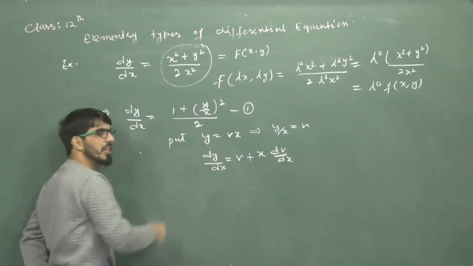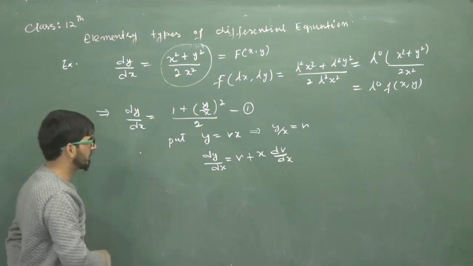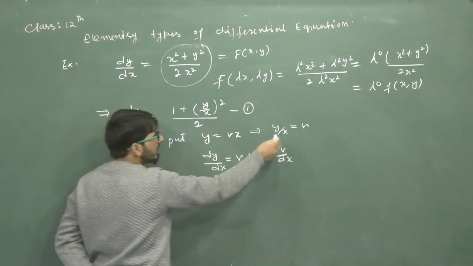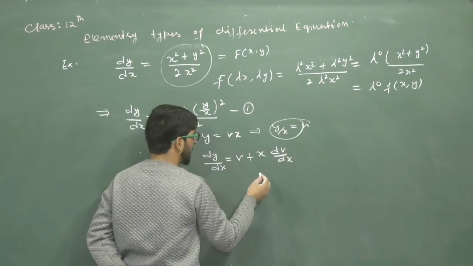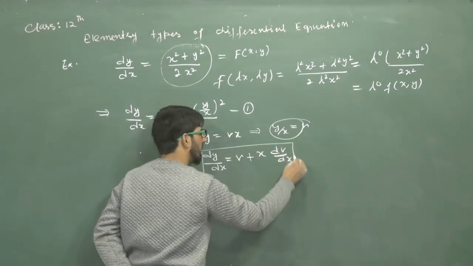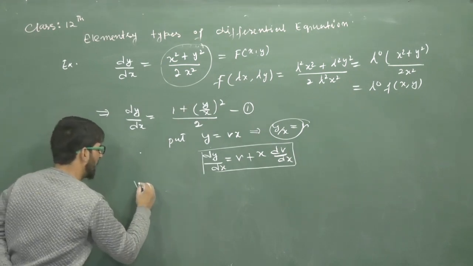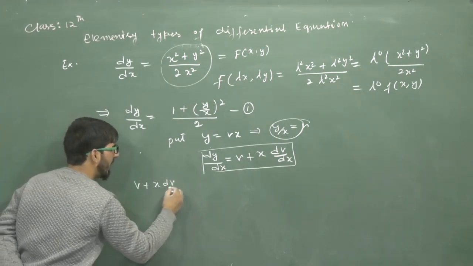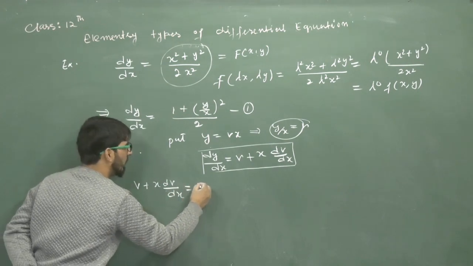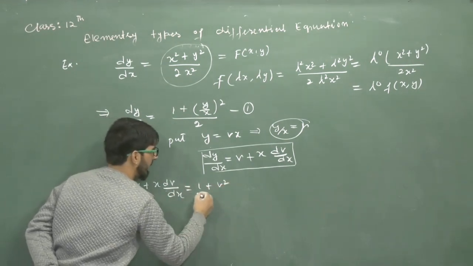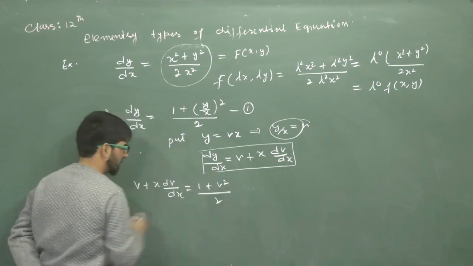Here we are differentiating with respect to x. So substituting these values in equation first, we get v plus x dv by dx is equal to (1 plus v square) divided by 2.